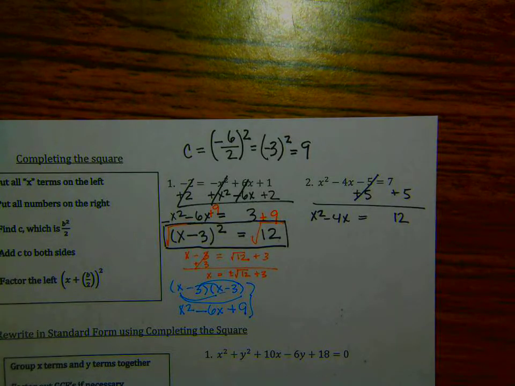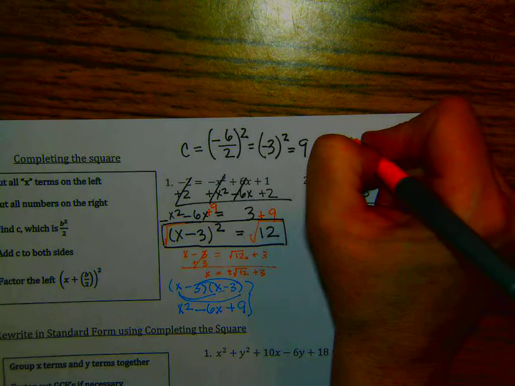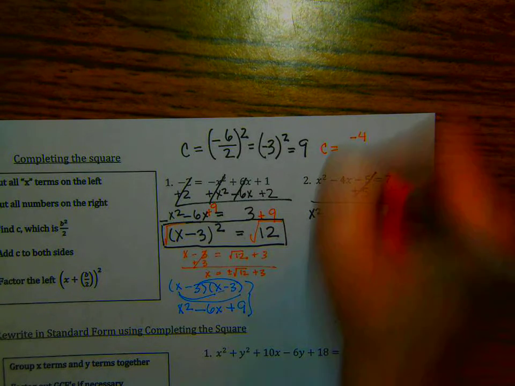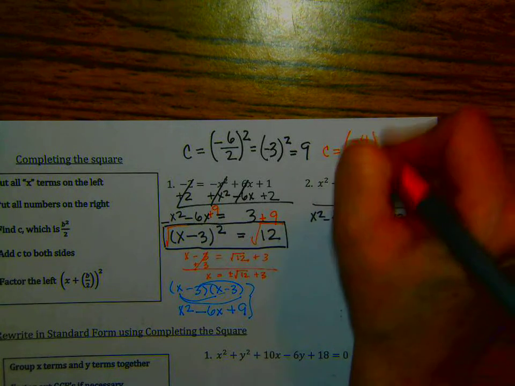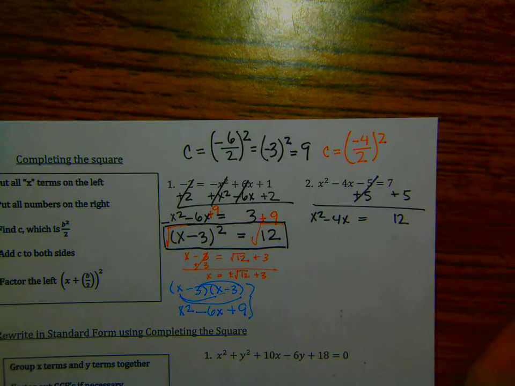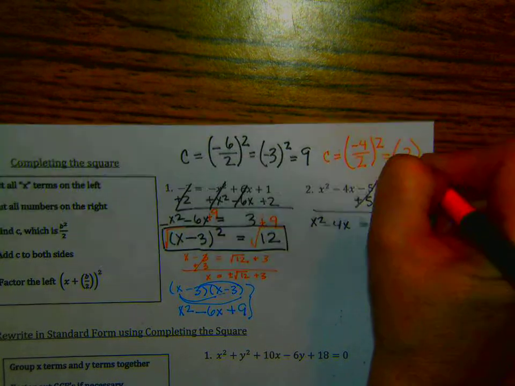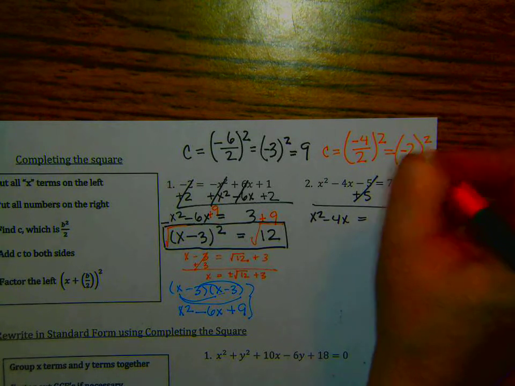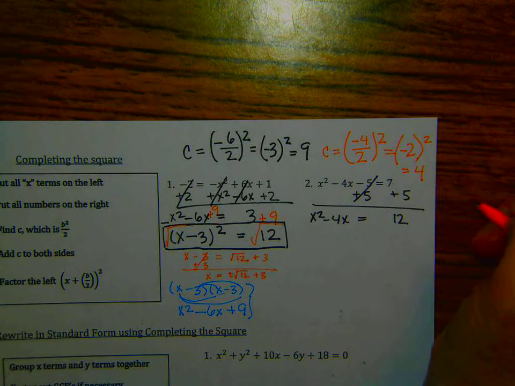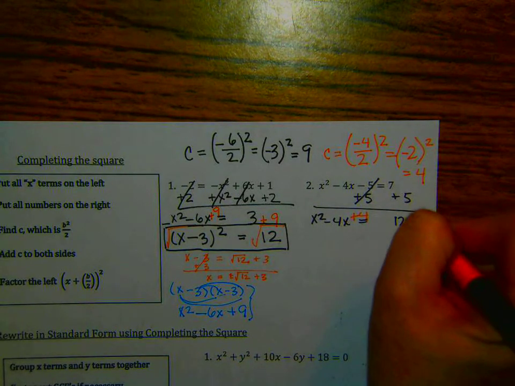What is my c? Well, c equals the b term, negative 4, divided by 2, right? Then we're going to square that. That becomes negative 4 divided by 2, which is negative 2 squared. Okay? What's negative 2 squared? That is 4. So I'm going to add 4 to this side and add 4 to this side.